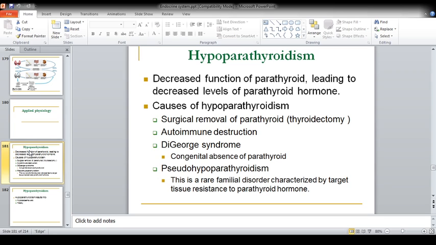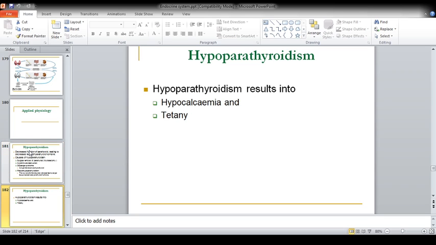But the problem is in the receptors of the parathyroid hormone, which are present on the proximal convoluted tubule in the kidney, in the bones, and in the intestine. Parathyroid hormone would be normal, it would be produced normally, but it would not be able to act on the target organs because of some kind of abnormality or absence of those receptors, or due to tissue resistance to parathyroid hormone.